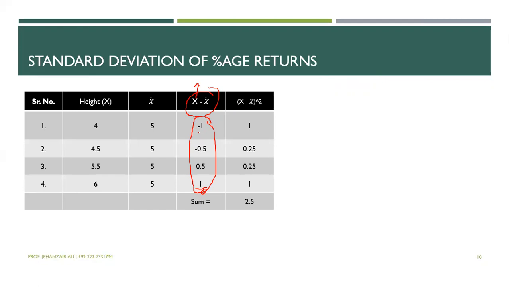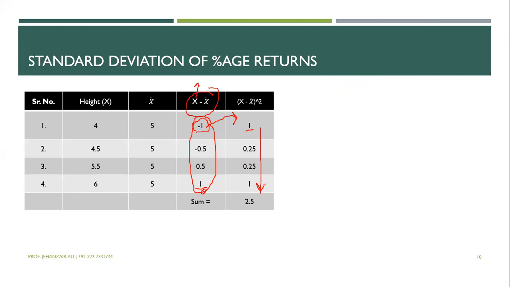So that's why we have to convert the negative values into positive values by taking their square. The square of negative 1 is positive 1, the square of negative 0.5 is 0.25, the square of 0.5 is 0.25, and the square of 1 is equal to 1. So the sum of these values is equal to 2.5.